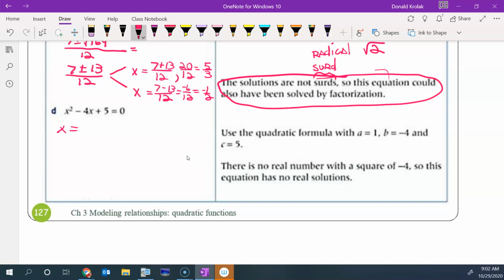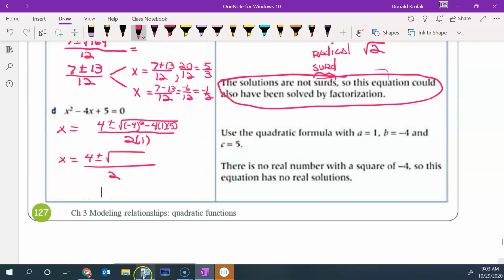So x equals plus or minus the opposite of B. B is -4, so the opposite of B is 4, plus or minus the square root of B squared minus 4 times A times C, divided by 2A. A was 1, so that's just going to be 2.